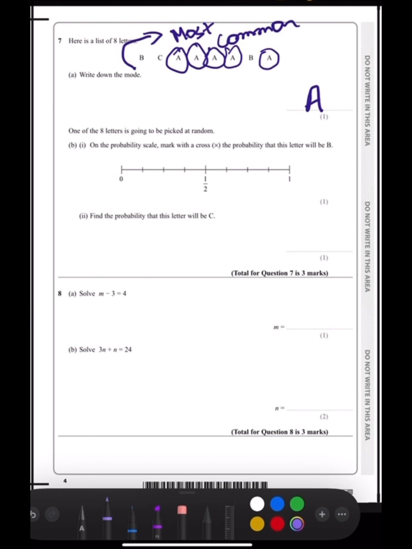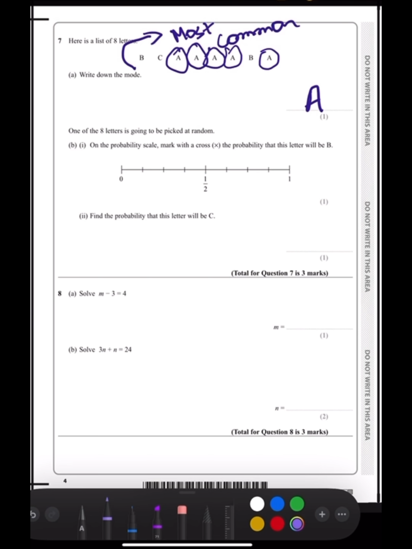Your next question is, one of the 8 letters is going to be picked at random. B, first part. On the probability scale, mark with a cross the probability that this letter will be a B. Right.